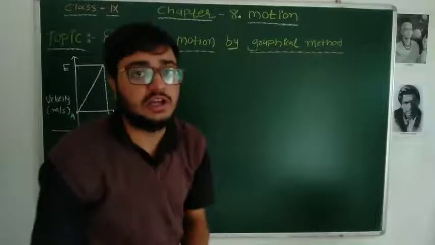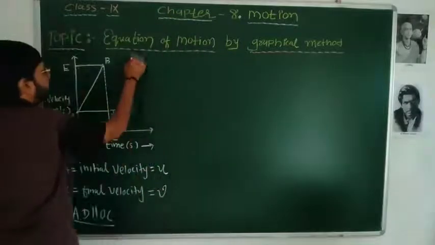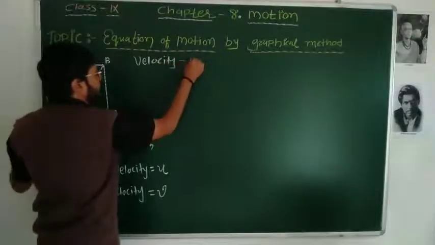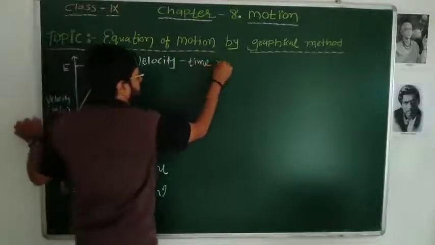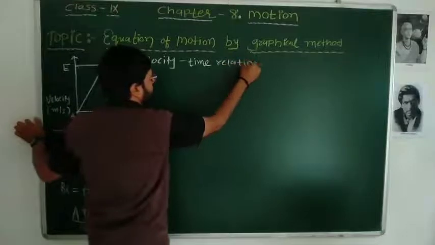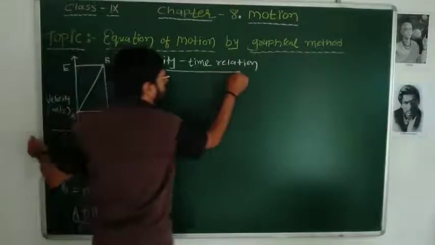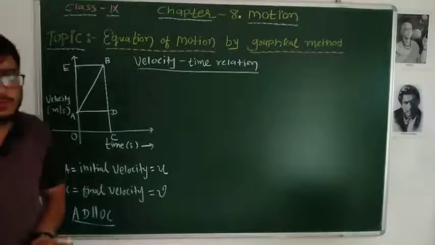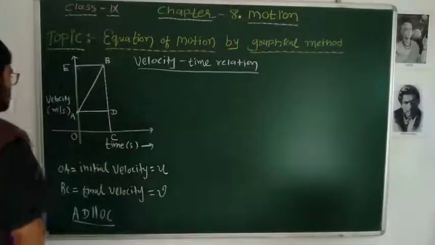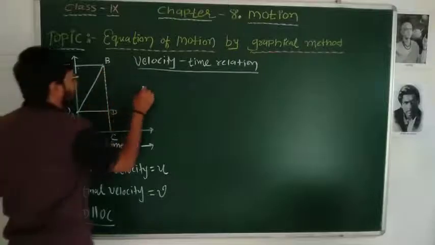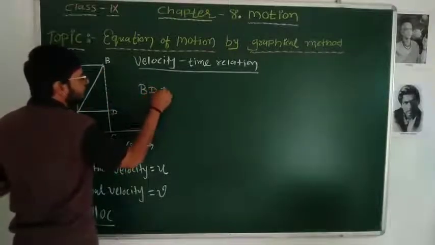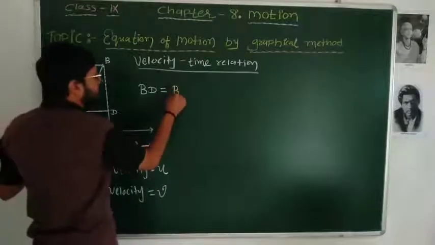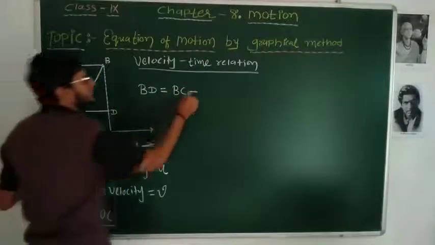So students, here we derive the velocity-time relation. From the graph we can see that the change in velocity, BD, is equal to BC minus DC.